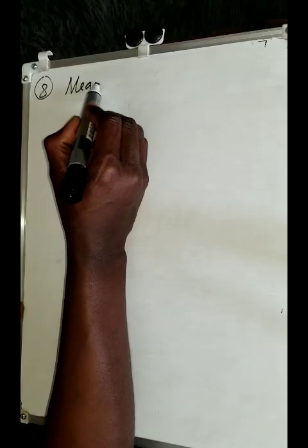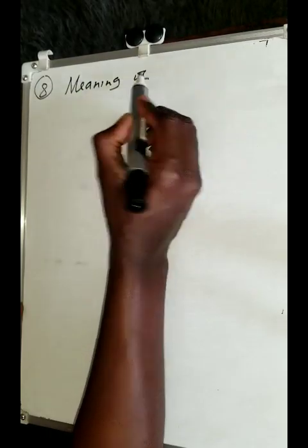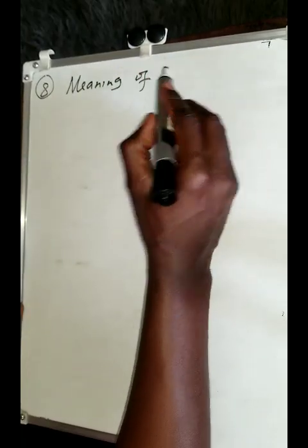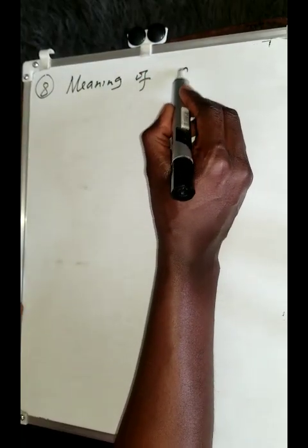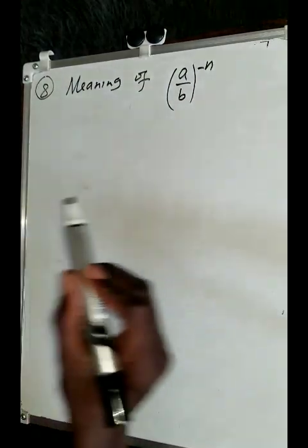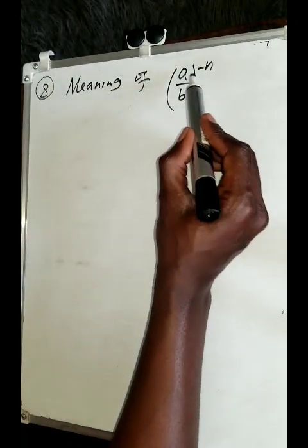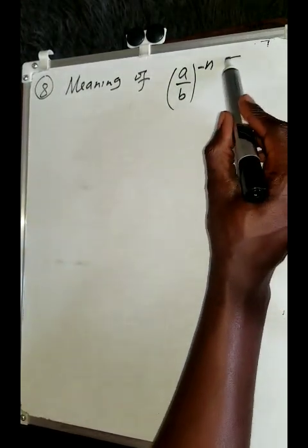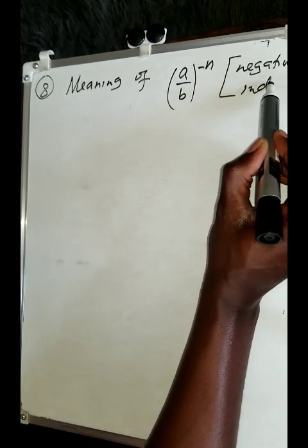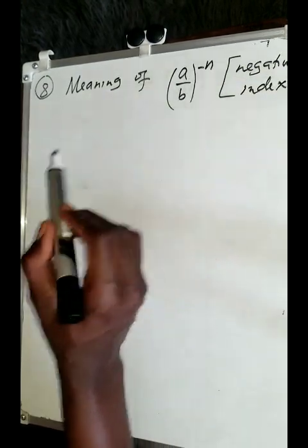Again, let's have the meaning of, maybe you have A over B. Let me say you have A over B raised to a negative index. So you can see it has now been raised to a negative index. As compared to the previous situation, where it was positive.